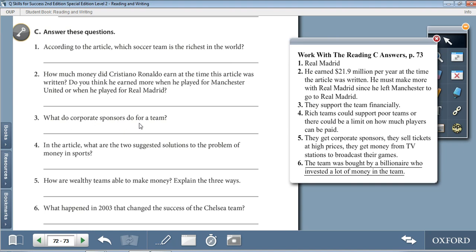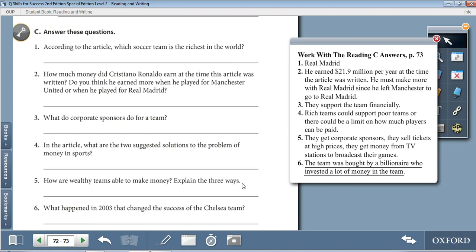3. What do corporate sponsors do for a team? They support the team financially. 4. In the article, what are the two suggested solutions to the problem of money in sports? 1. Rich teams could support poor teams, or there could be a limit on how much players can be paid. 5. How are wealthy teams able to make money?